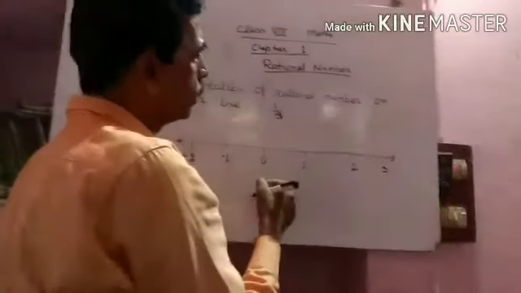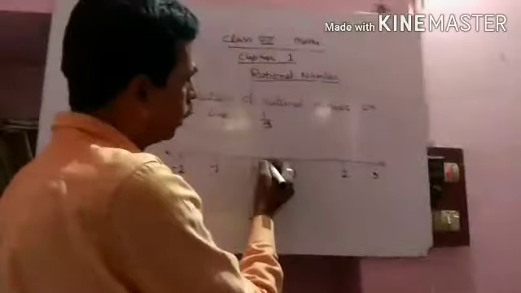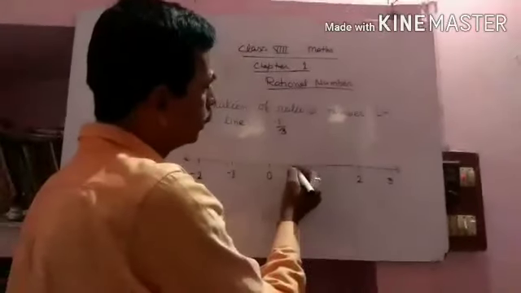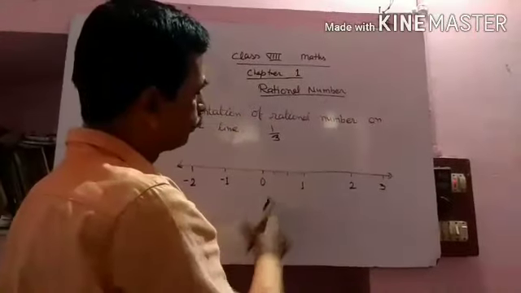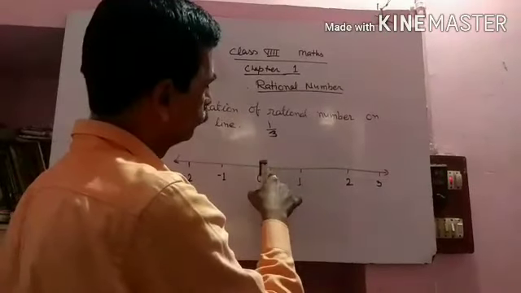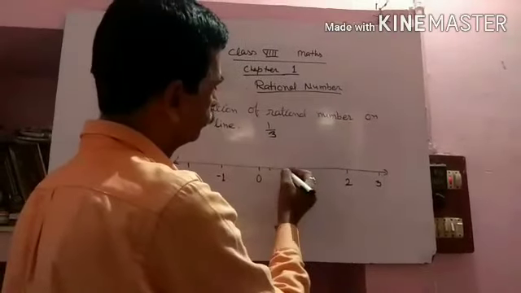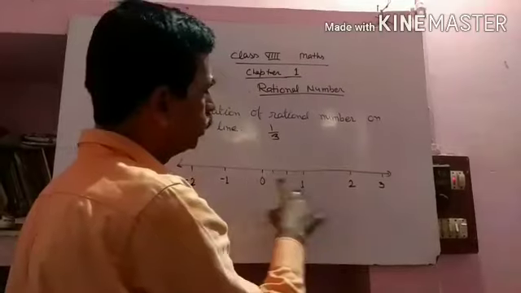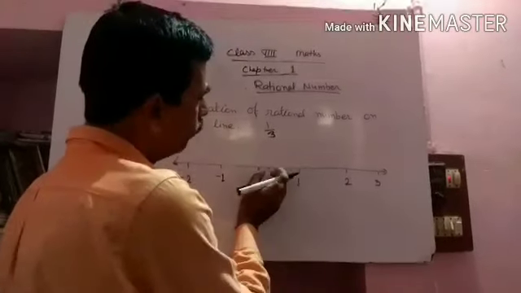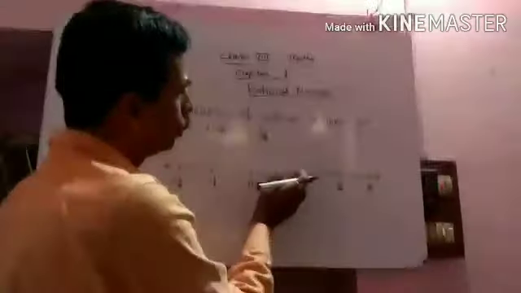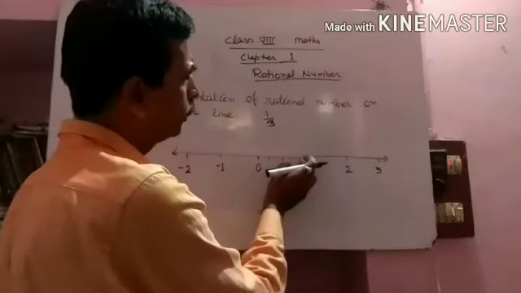So in that case, we have to draw 3 equal divisions between 0 and 1, divided in 3 parts: 1, 2 and 3.